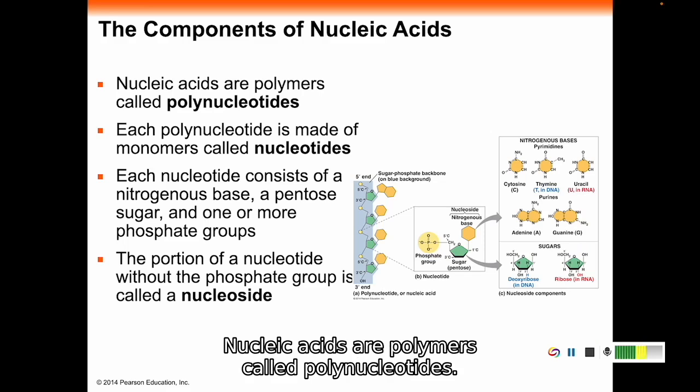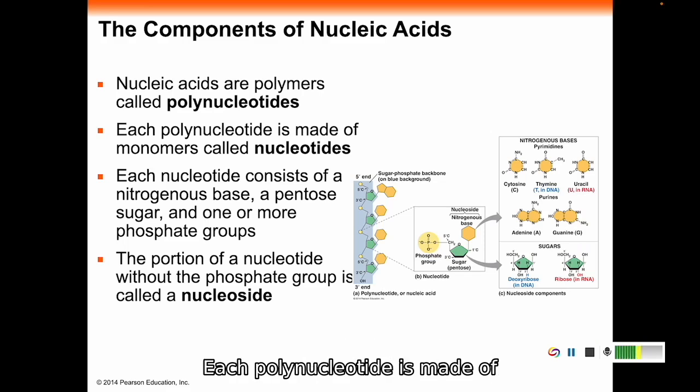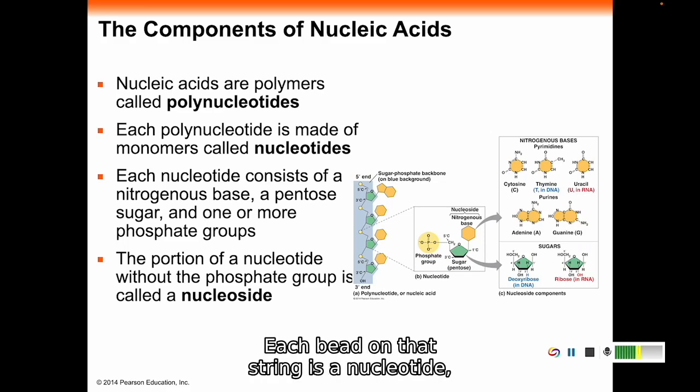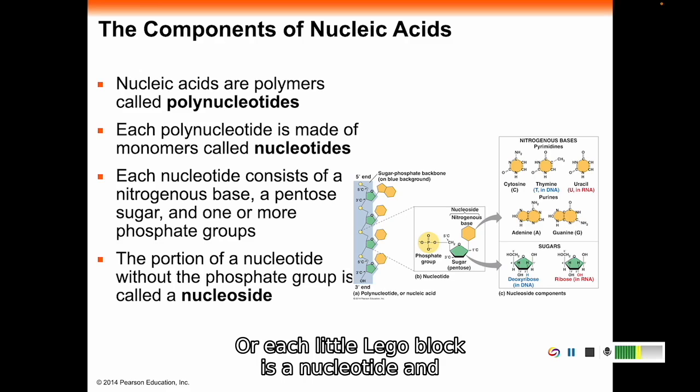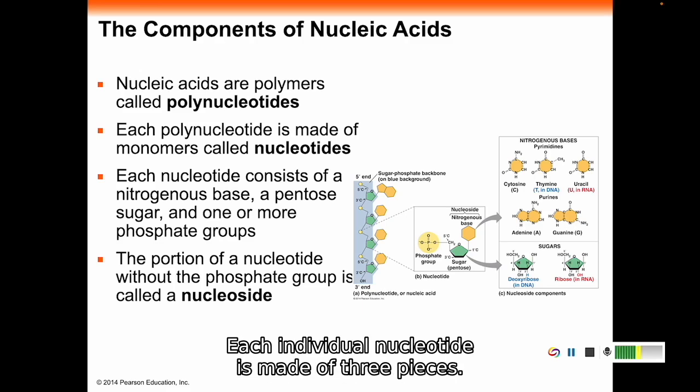Nucleic acids are polymers called polynucleotides, and each polynucleotide is made of a monomer called a nucleotide. So each bead on that string is a nucleotide, and the whole pearl necklace is a polynucleotide. Or each little Lego block is a nucleotide, and the whole block tower is a polynucleotide. Each individual nucleotide is made of 3 pieces.